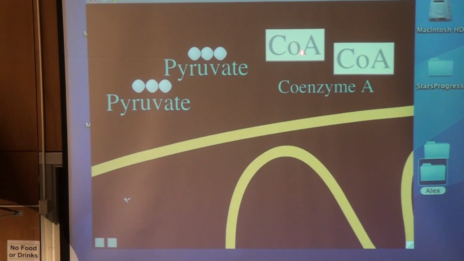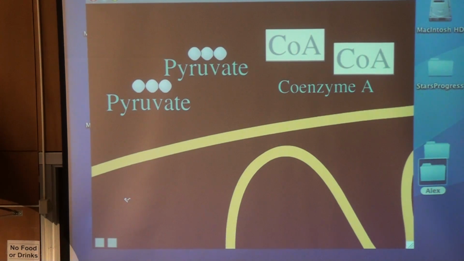I think this one's going to start off the process. When I click, this coenzyme A is going to go up to this pyruvate. When it attaches to the pyruvate, one of the pyruvate's carbons gets oxidized into carbon dioxide, but the remaining 2 carbon atoms are going to attach to the coenzyme A, and at that point they call it acetyl-CoA.